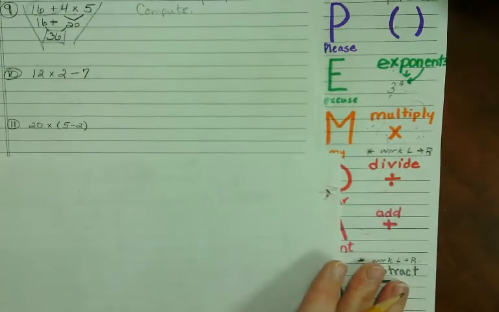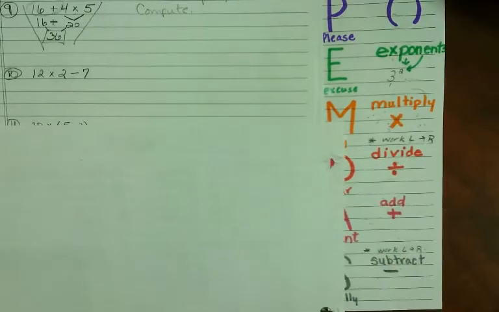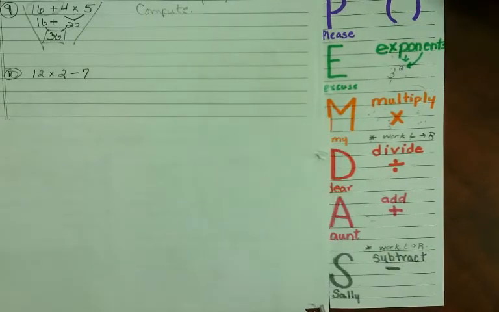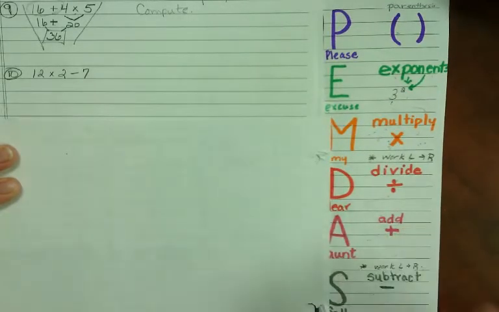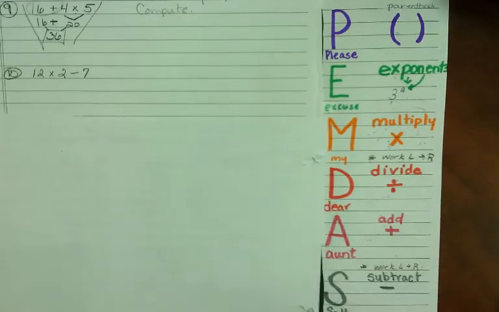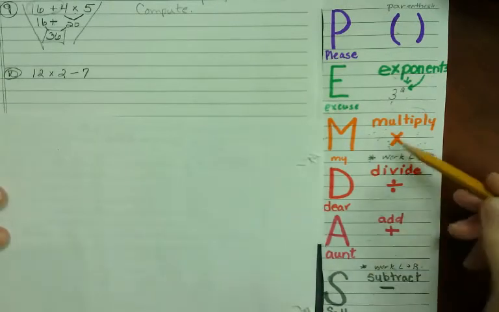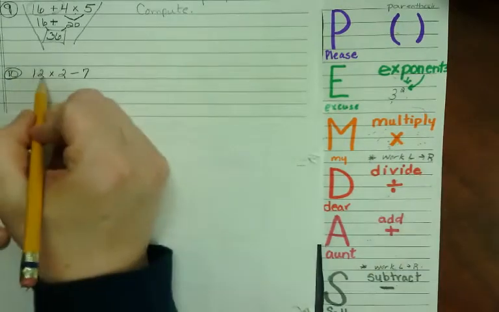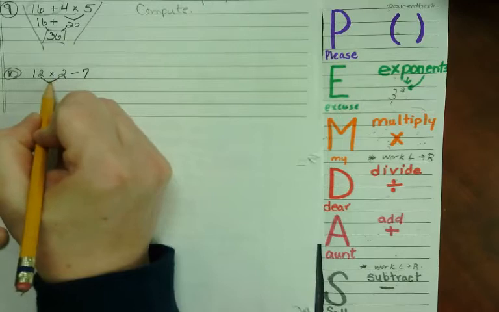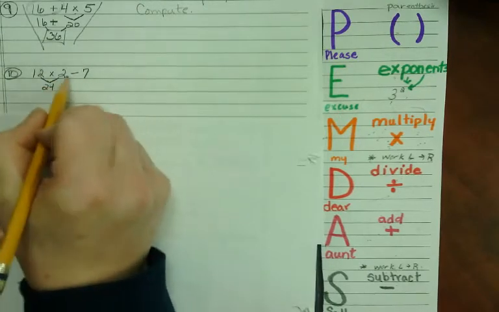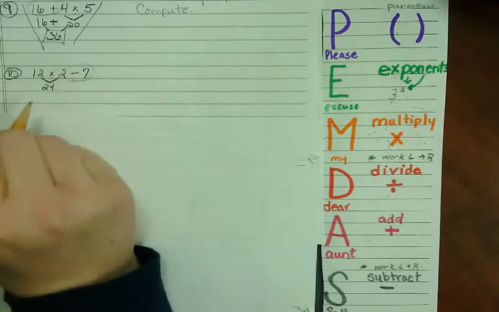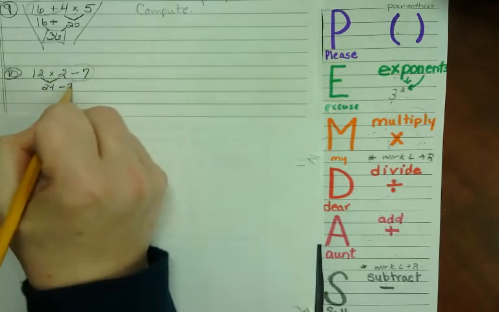Trying to keep this up towards the top. It's easier for me to write on like that. Alright, so this problem we have multiplication and subtraction. Multiplication. Okay, so 12 times 2. 12 times 2 is 24. We bring down that part we didn't use.